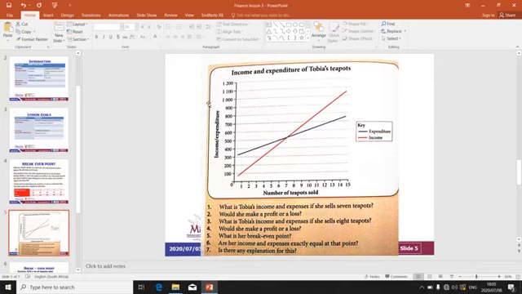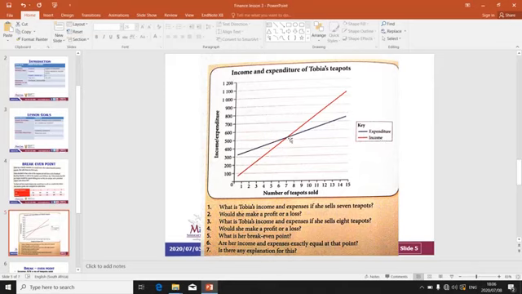The dependent variable is income or expenditure. In other words, income and expenditure depend on the number of teapots that are sold. The orange line is the income. The blue line is the expenditure.